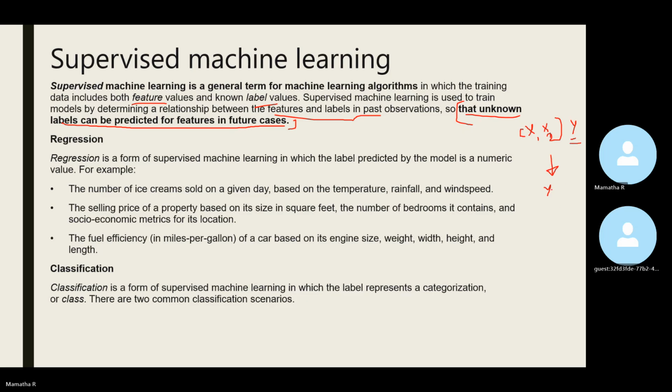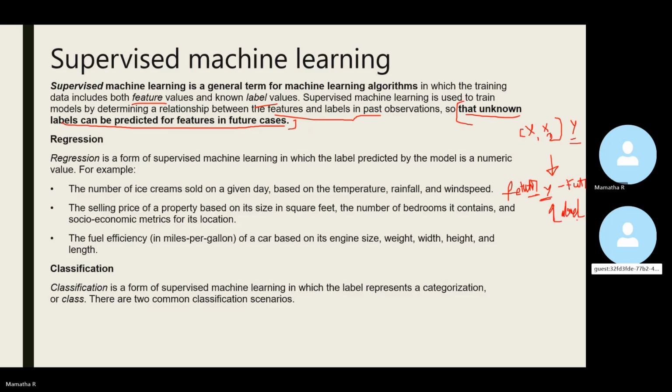But we are going to predict the unknown label in the future for the new features, that is, for the new inputs that I am going to give. The features are also unknown here, and I am going to predict the unknown label.